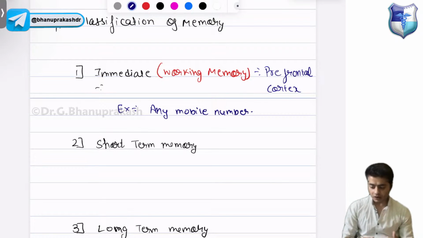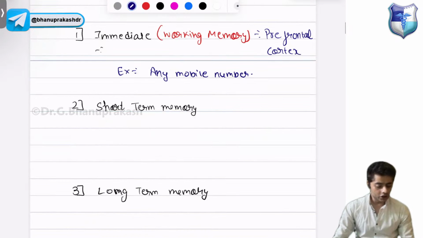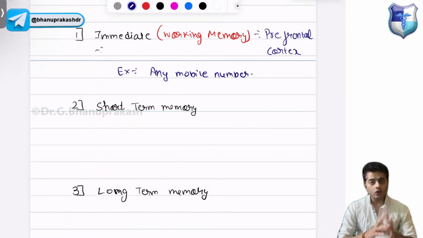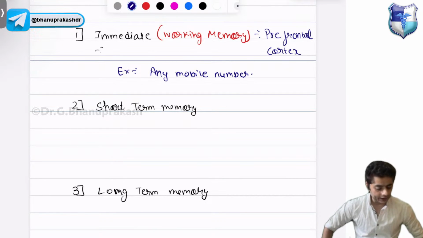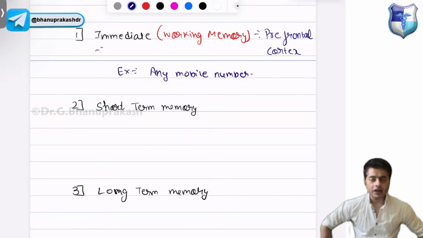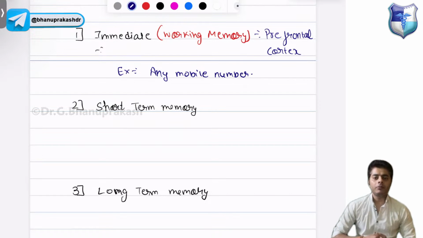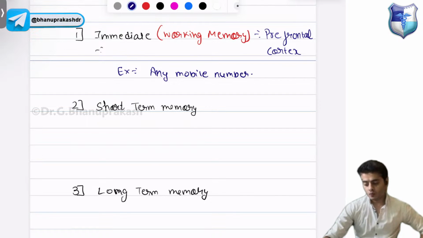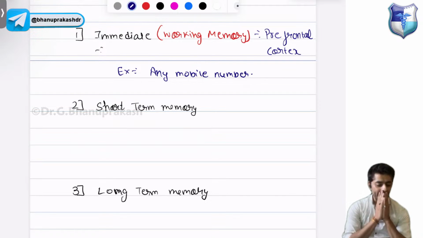Okay. Then comes your short-term memory. Can anybody tell me what we mean by short-term memory?